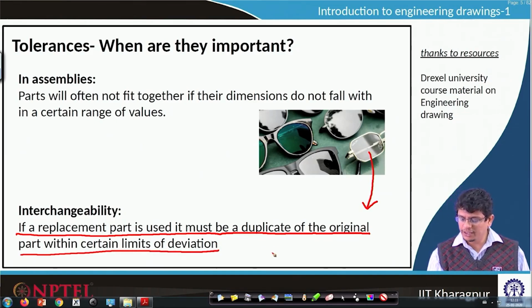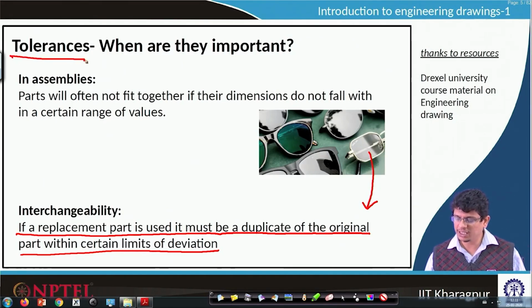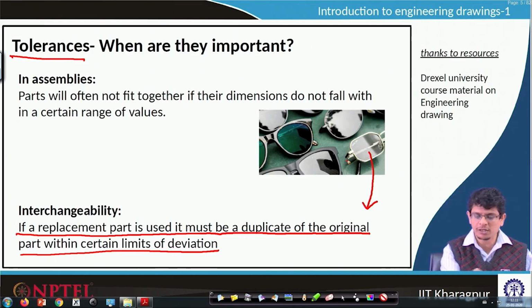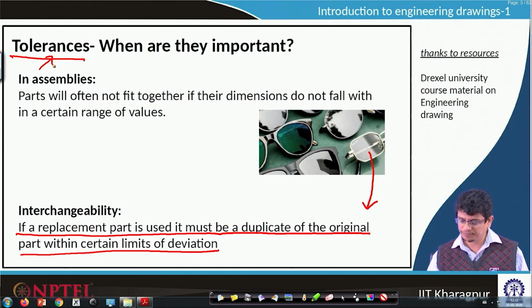So, when industries make these kinds of products in large numbers, one has to be very careful with these tolerances. Repetition is very much required because you broke it and you would like to replace it. To replace that, you require a similar component of precise dimensions. If it is not possible, then one has to play with these tolerances.